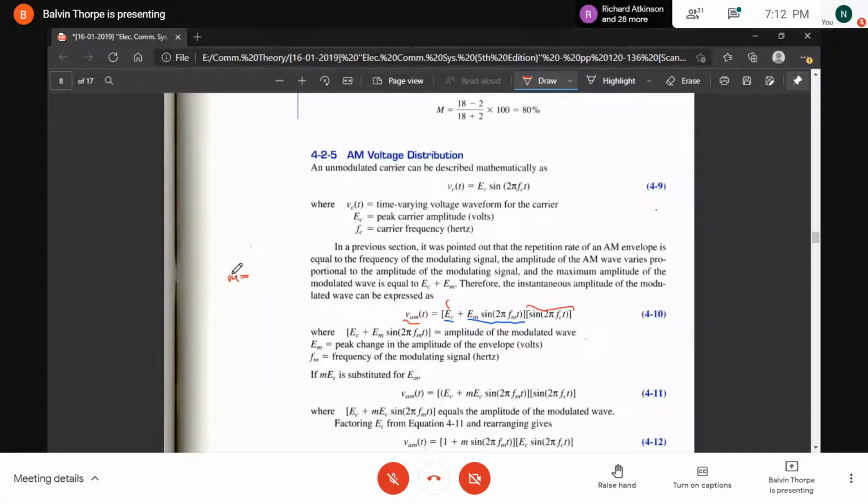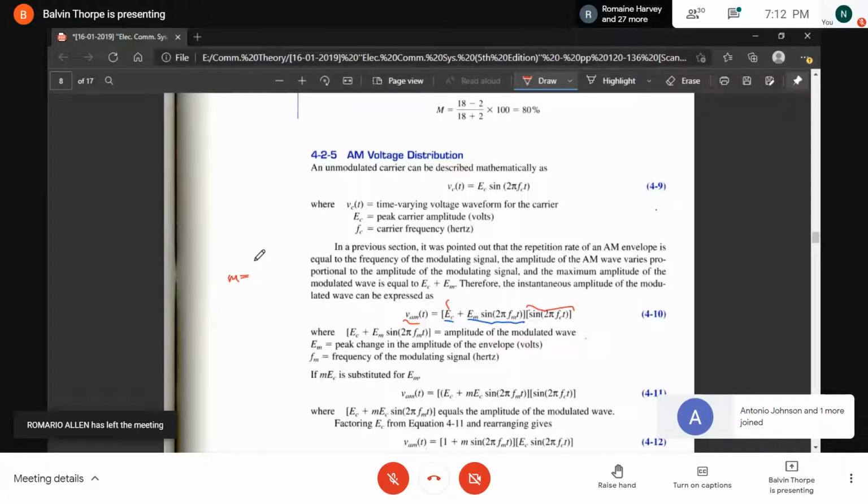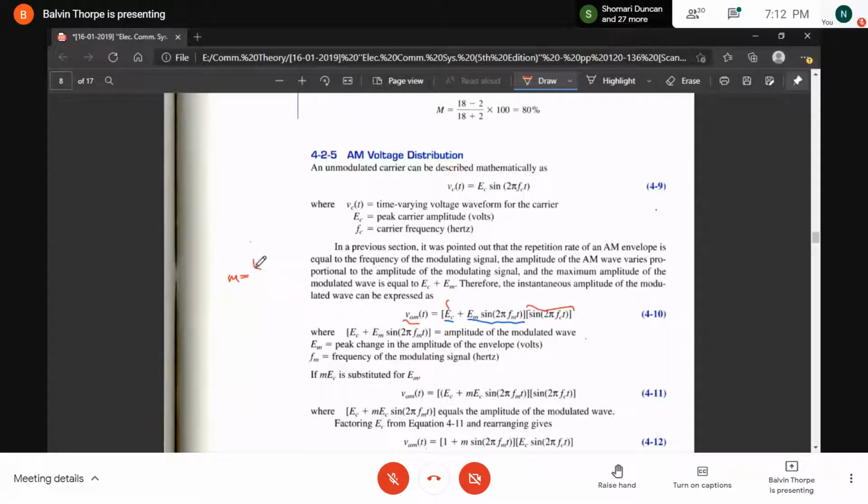The modulation index, M, is the amplitude of, and this is for AM. I remember this is specifically for AM, only for AM, because for FM, the modulation index is different. So it's EM over EC.